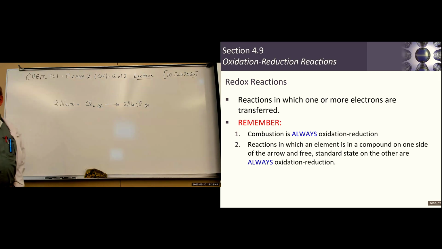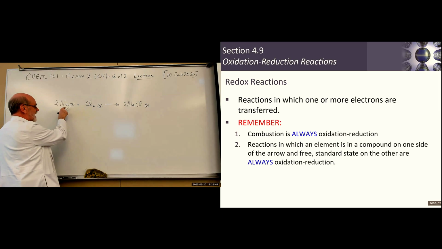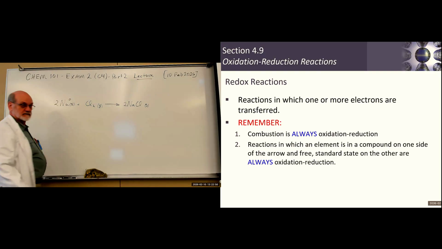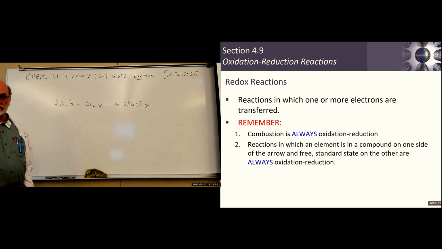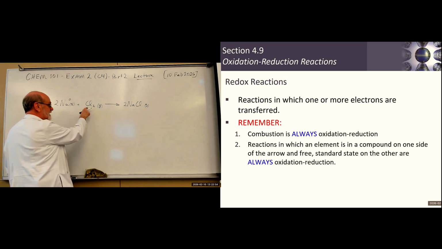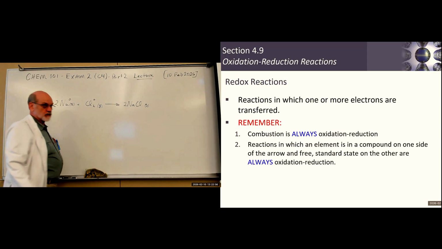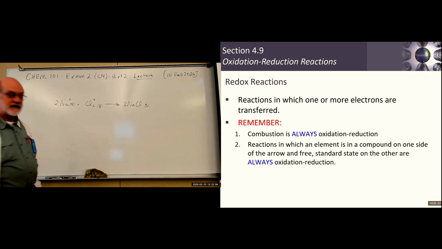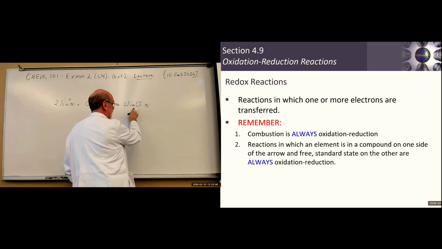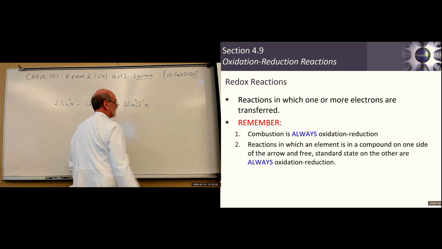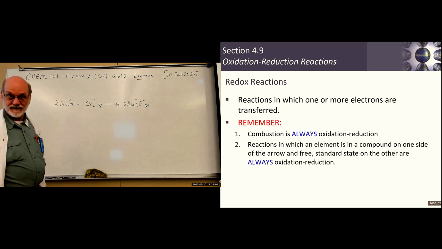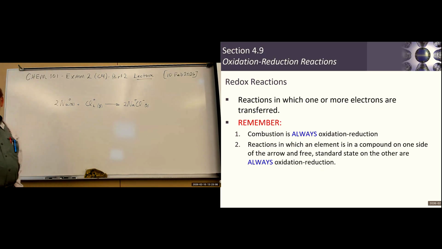Now, this is also an oxidation reduction reaction. How do we know? Because these atoms are neutral, right? All elements are neutral. These atoms are also neutral. There's no charge there. But this is an ionic compound. Like that. So how did they do that?